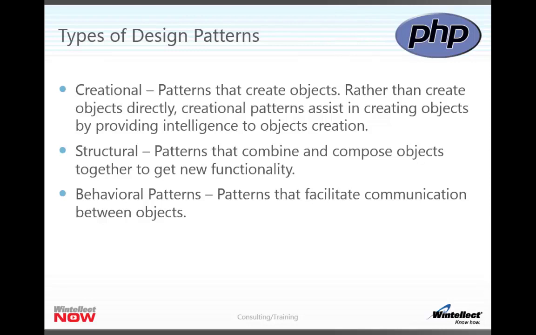And what these behavioral patterns attempt to do is just that: decrease the coupling between these objects and make the communication a lot simpler, so that you don't have tons and tons of linkage between different objects, and so they can exist independent of one another without having to worry about breakage whenever you start changing smaller objects and whatnot. So the behavioral patterns are very useful for that, and actually help increase maintainability of code and usability and simplicity for that matter.